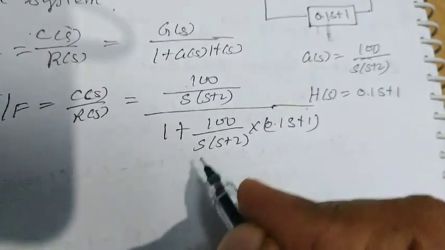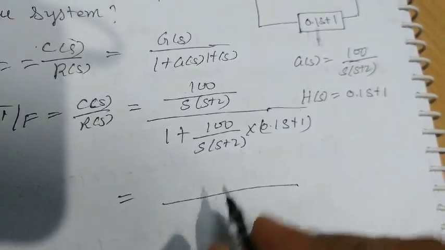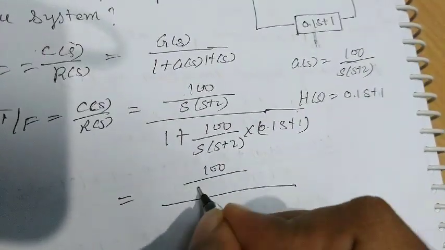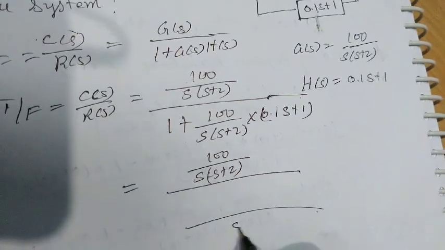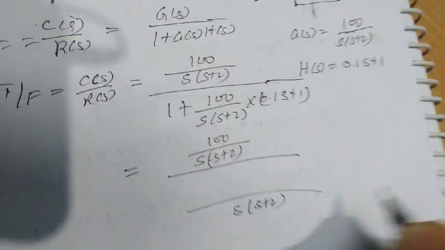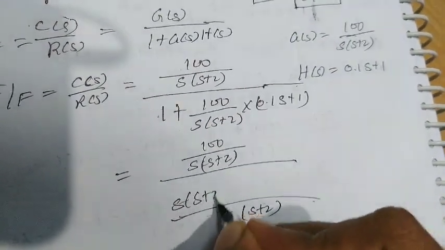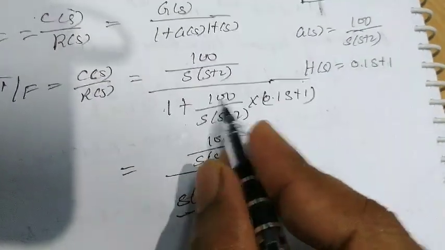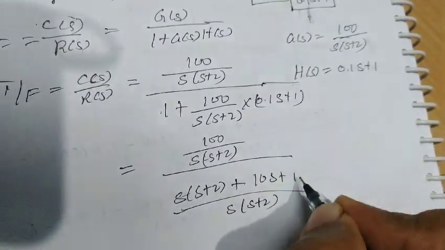If I take the common LCM for the denominator, the numerator is 100 by s into s plus 2, and in the denominator, taking the common LCM s into s plus 2, this is 1, so one time it will give s into s plus 2, plus 100 into 0.1 s, I'll get 10s plus 100.